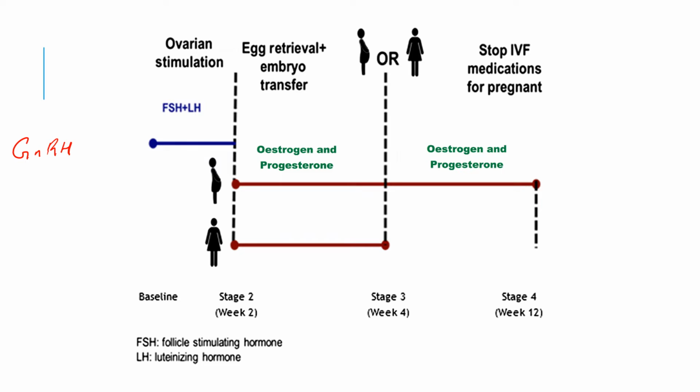Till the maturation of the ovum, they are not released. Ovulation is prolonged so that they can be collected directly from the ovary and not from the fallopian tube. This is very important because once it is released into the fallopian tube, it may not be possible to collect it.